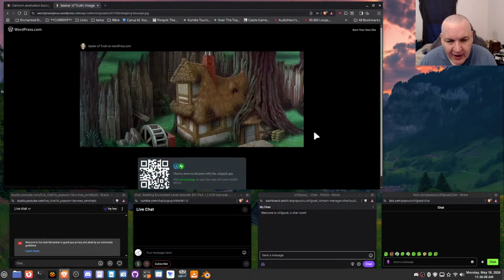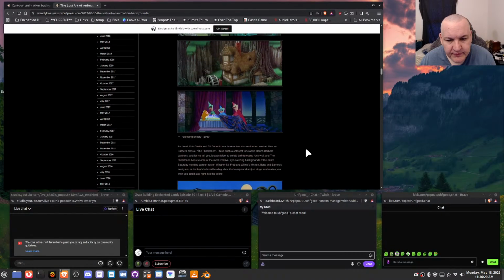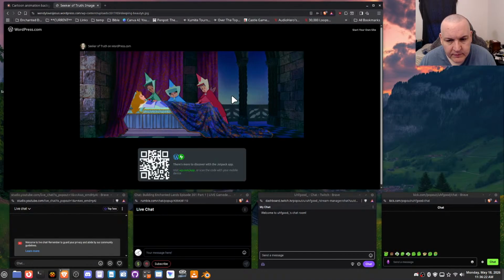Yeah, the black backgrounds of Sleeping Beauty are pretty cool. Actually, this is not too bad. It's not too weirdly stylized. The thing that makes this work is even though the backgrounds are really detailed, the characters are all very simplistic, so it reads really well.